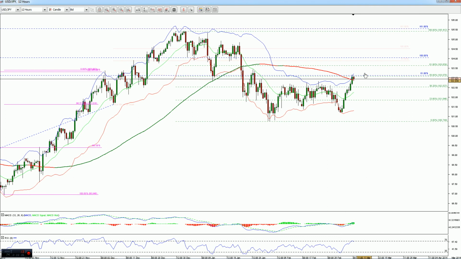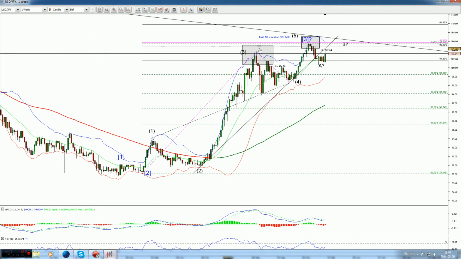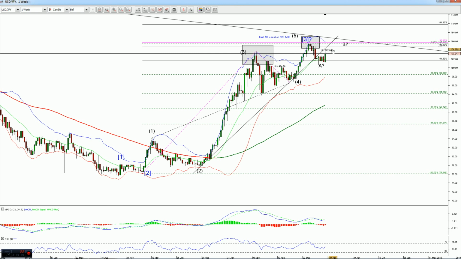But in this case we are at the 50 FIBO level, and this is the moving average 100 on this 12 hours, so it looks like it's already broken. Actually, some kind of retesting, and we may have something around this area. What I want to say, I think the most probable scenario will be a kind of retesting in this area. So there should be a chance for a short position.